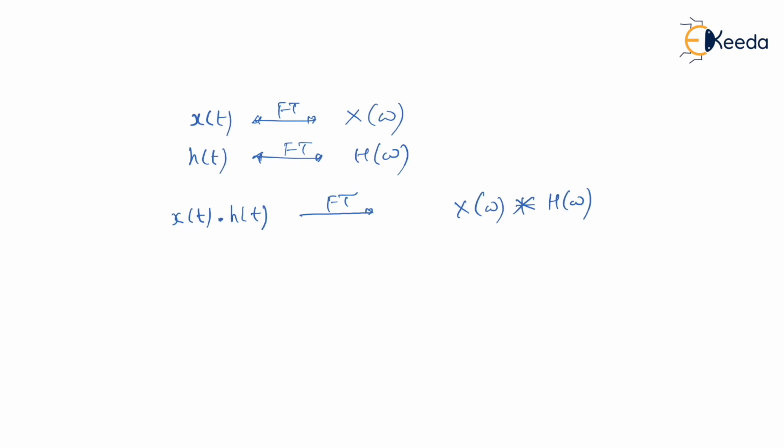So if there is a product in one domain, it makes convolution in the other domain, with a minor difference here, that we have an extra term, 1 upon 2 pi. You don't have to forget this. So this is about the convolution property.